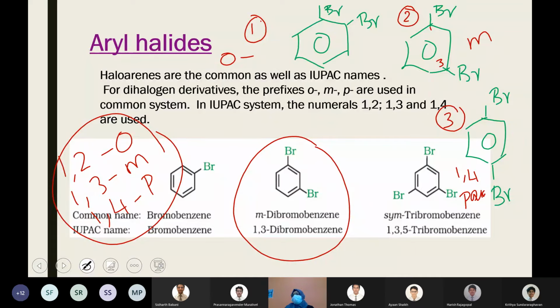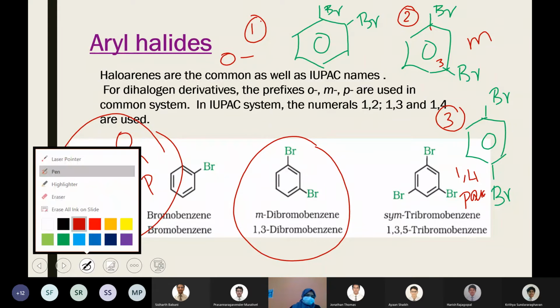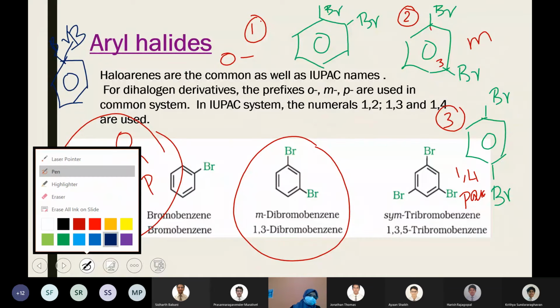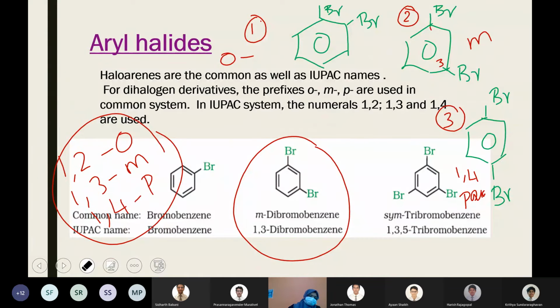Can we have both halogens on the same carbon atom in the benzene? Is something like this possible? I'll draw it again. You have a benzene with both bromine on the same carbon atom.